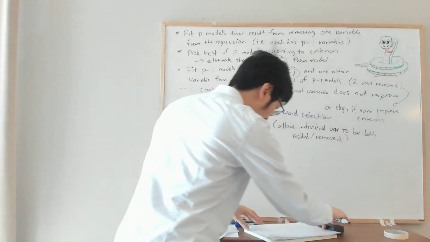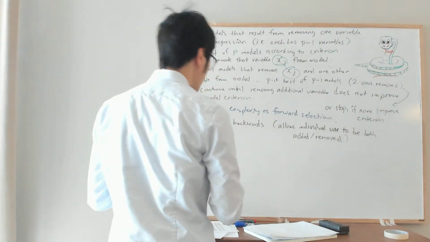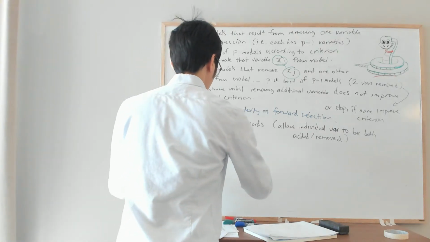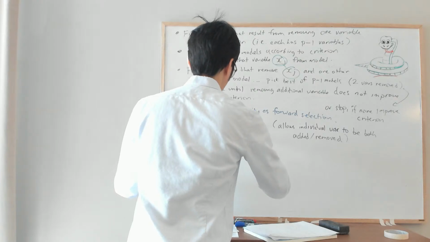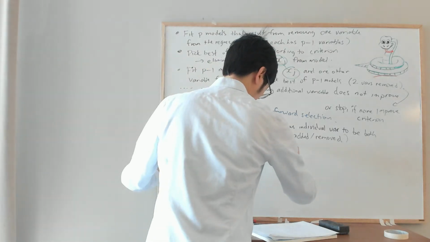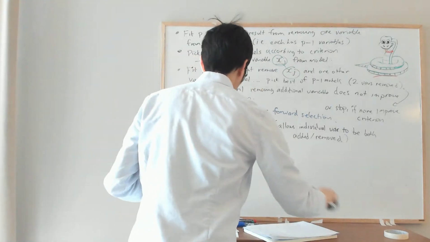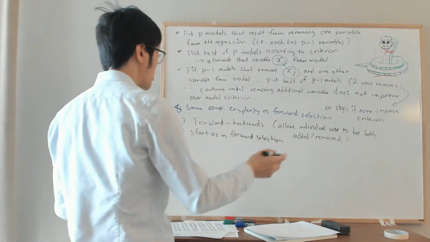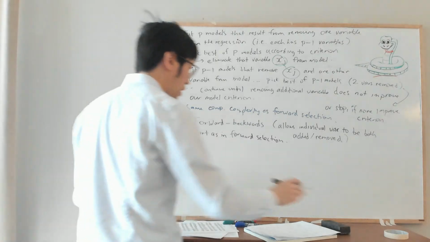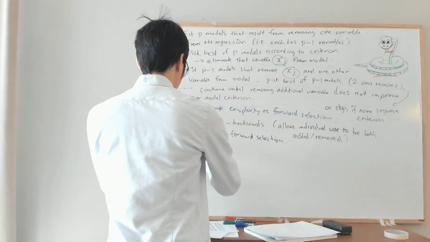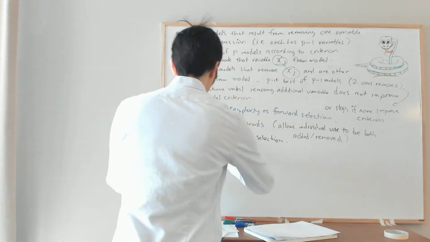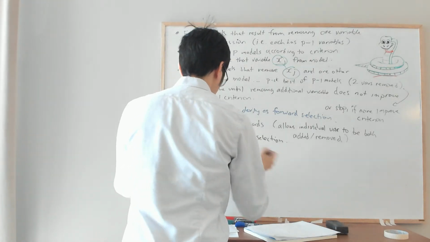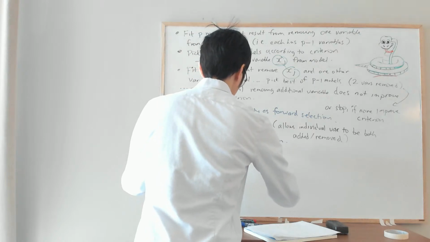Okay, so let me describe this procedure. We're going to start as in forward selection, adding a variable, and at some point suppose we currently have k variables in the model.